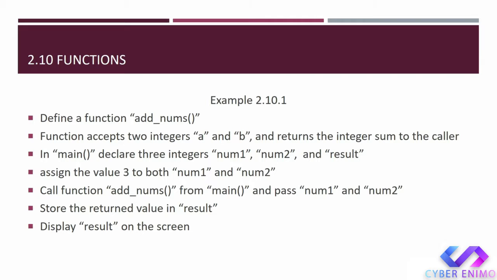Then let's store the return value that's coming from add_nums in result. And finally, let's display the value stored in result on the screen. We should expect this value to be 6.